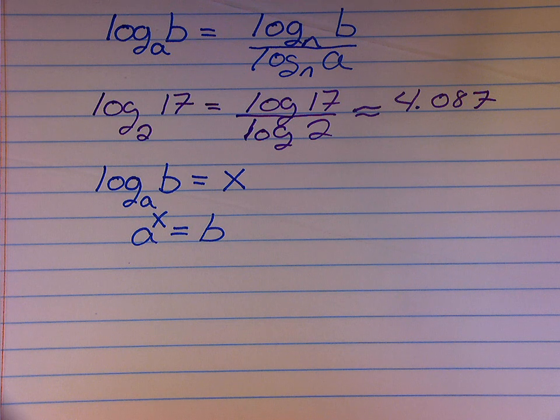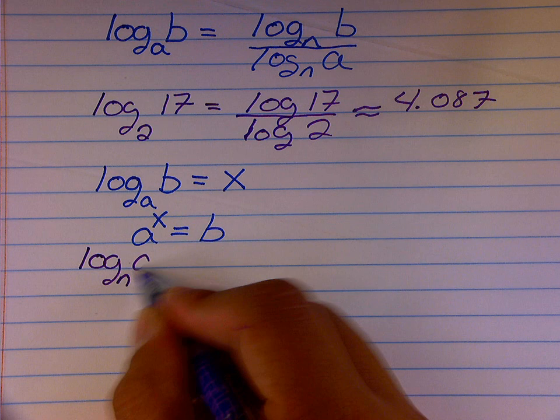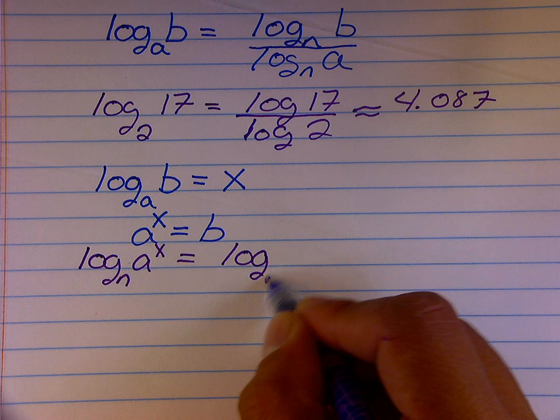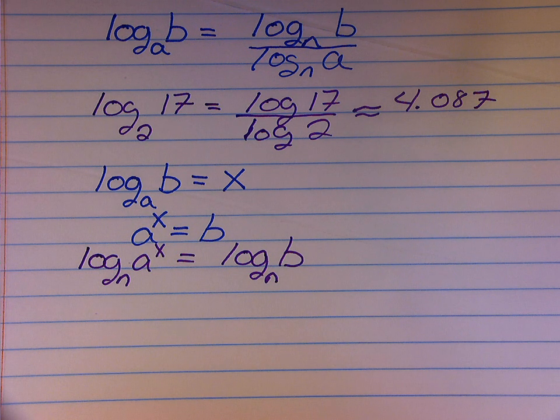One other property that we have in the property of equations is if I take the logarithm of both sides, I'll get the same answer, which makes sense because they're the same value. So, the exponent I put on an n to get a to the x better be the same exponent I put on an n to get b, because a to the x and b are the same thing.